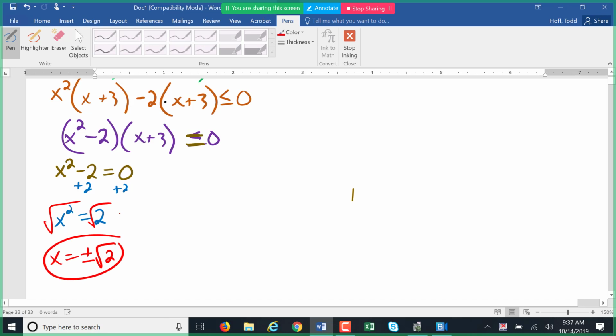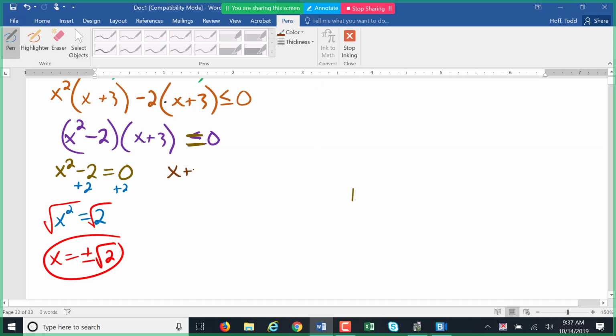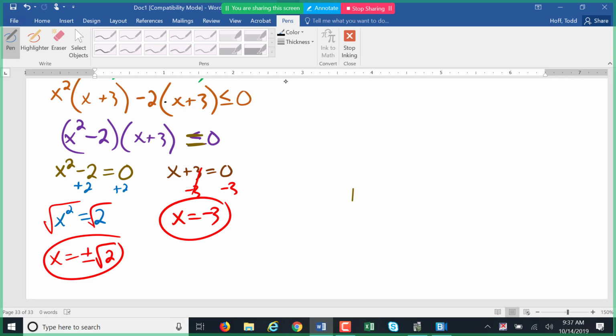So there's 2 of our critical points on our number line. The other one here, x plus 3 equals 0, I solve that by simply subtracting 3 to get x equals negative 3. So those are my 3 critical points on the number line. Any questions as to where I got those 3 so far?